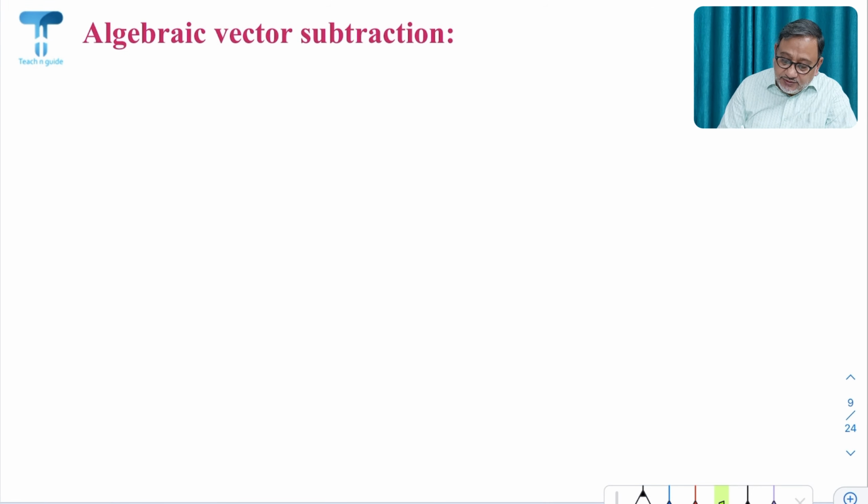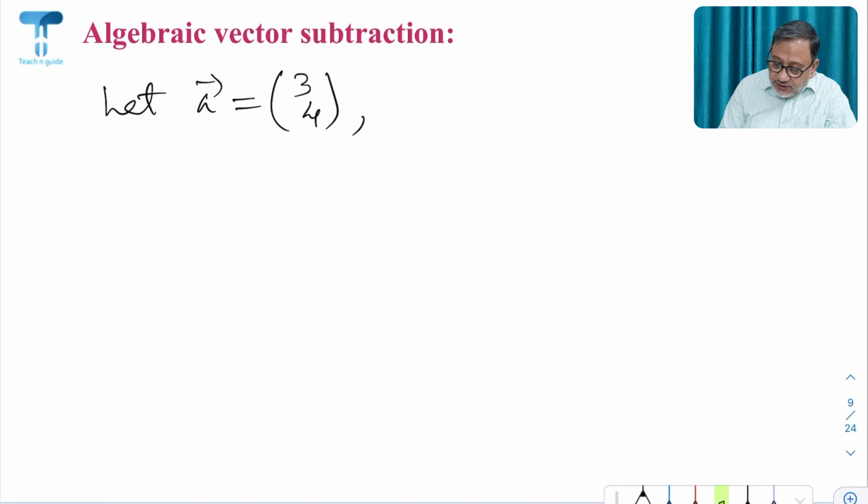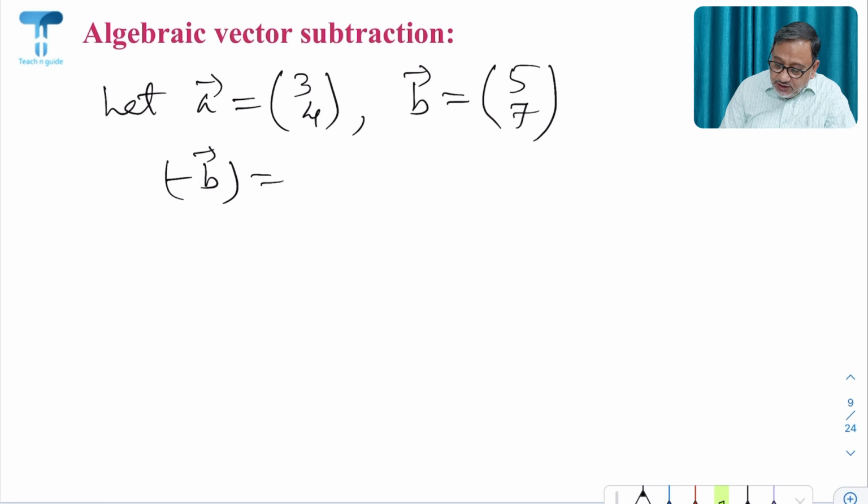Now subtraction. Look here. Let I have a vector A (3, 4). I have a vector B (5, 7), suppose. Now to subtract A minus B, what I have to do? I have to write the negative of B. So negative of B will be given by (negative 5, negative 7).